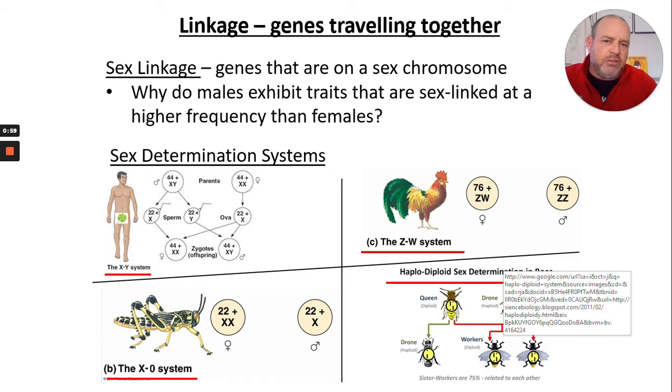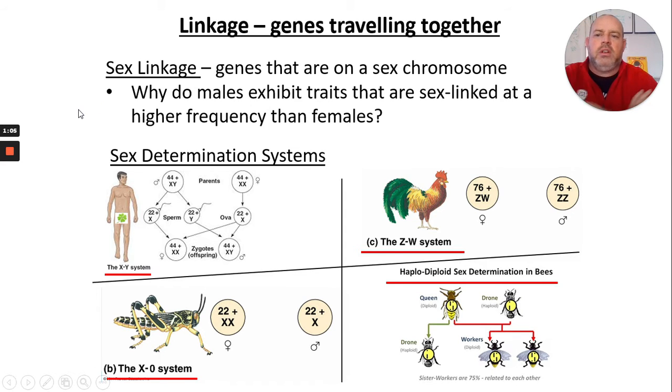When you think about sex chromosomes, not all organisms have the same setup as far as how chromosomes work. So why do males exhibit traits that are sex-linked at a higher frequency than females? To answer that question first, on a normal system like ours, where we have the females with the two X's and the males with the X and the Y, it's really a couple of reasons, right?